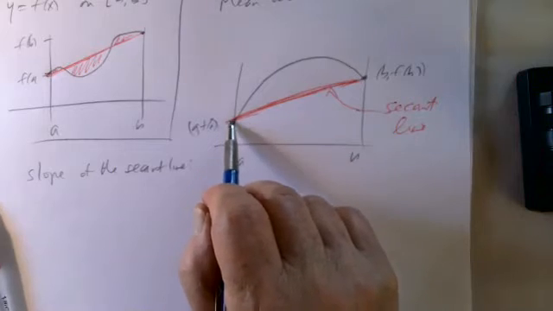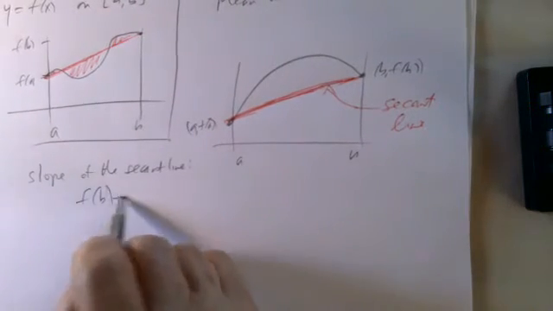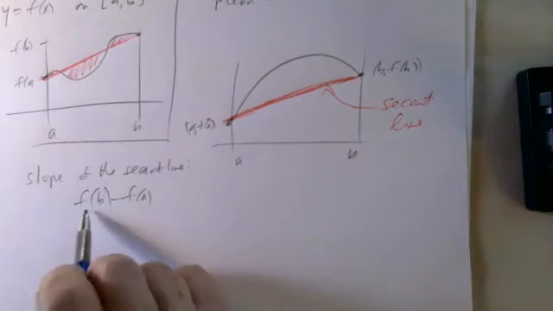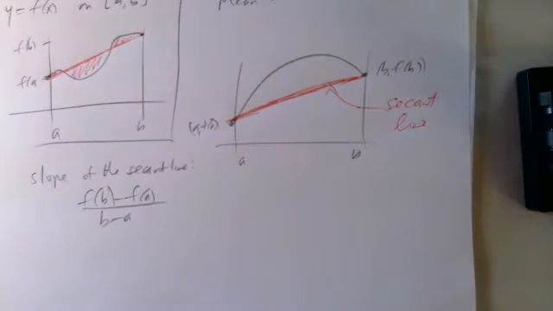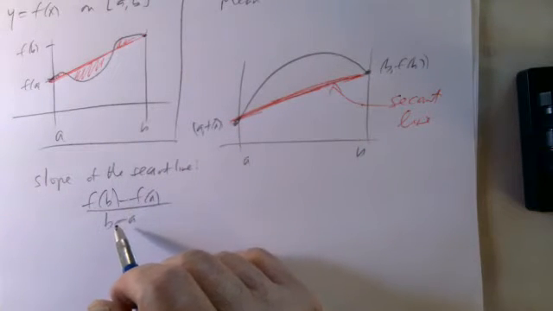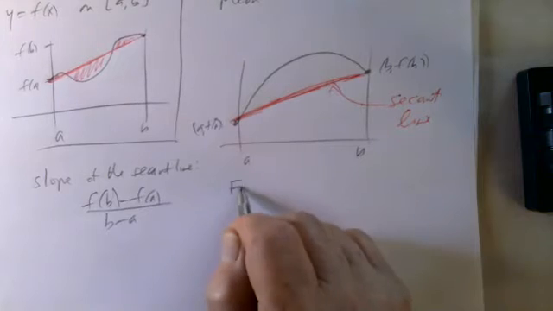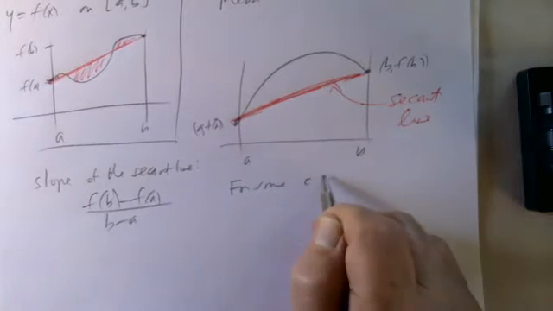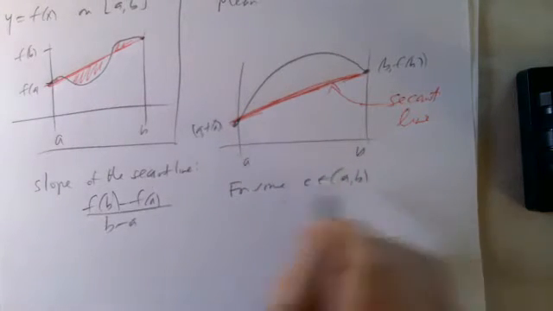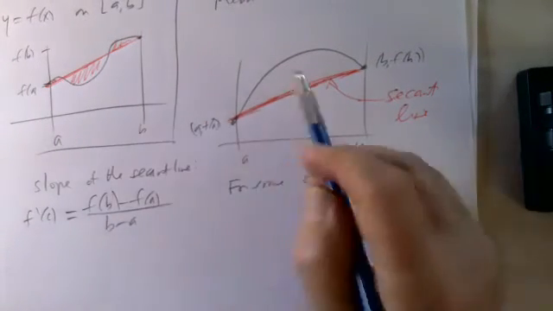You go from height f of A to height f of B. So the rise is f of B minus f of A, and the run is from A to B, which is a distance of B minus A. So the slope of the secant line is this. And the mean value theorem says for some number C in the open interval from A to B, the derivative at C is equal to this.